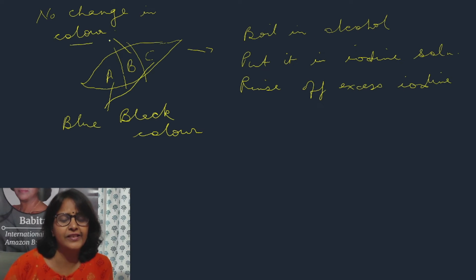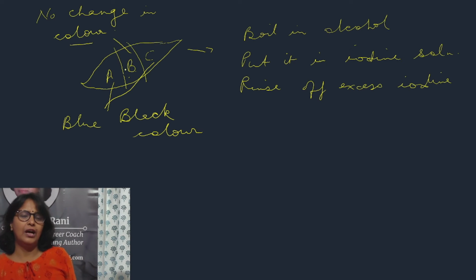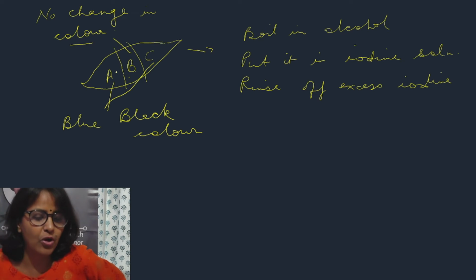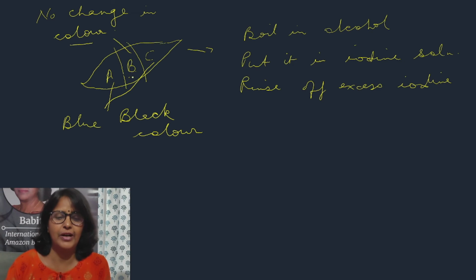Why no photosynthesis? Because this portion was covered with opaque paper. Opaque objects do not allow light to pass through. So light could not reach this part of the leaf. Though it was kept in sunlight, light could not reach this part, so no change in color, no photosynthesis took place in this part of the leaf.